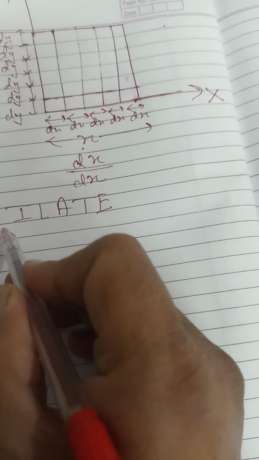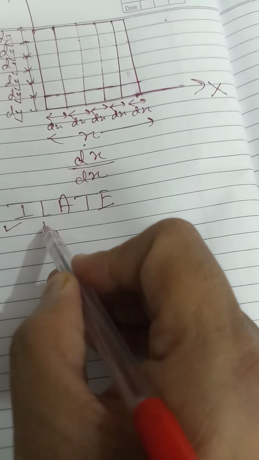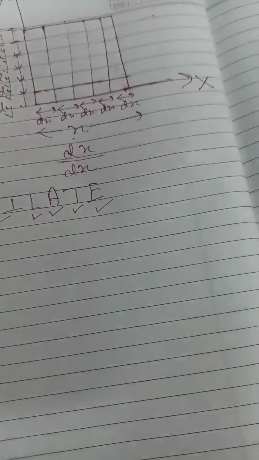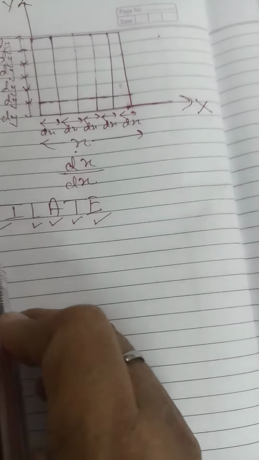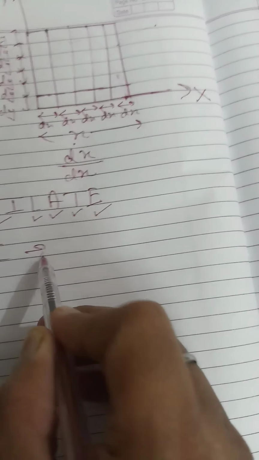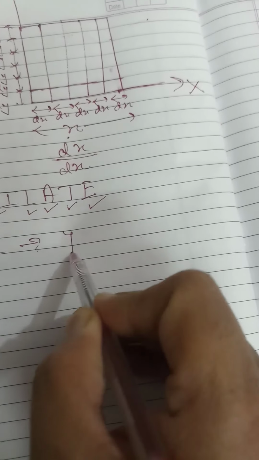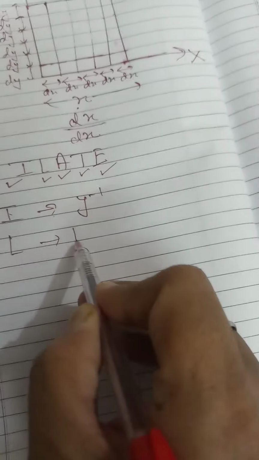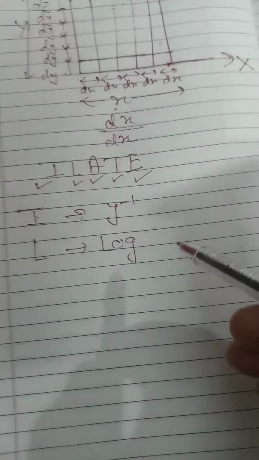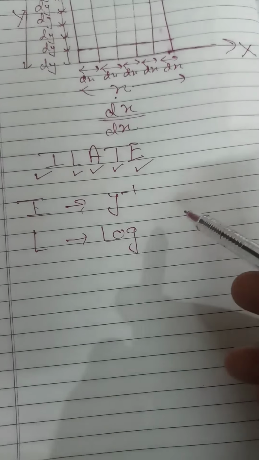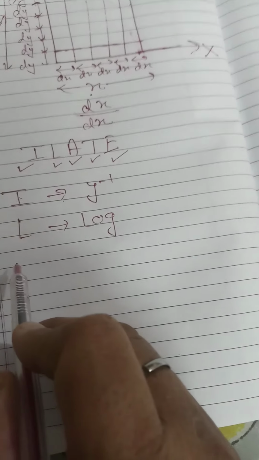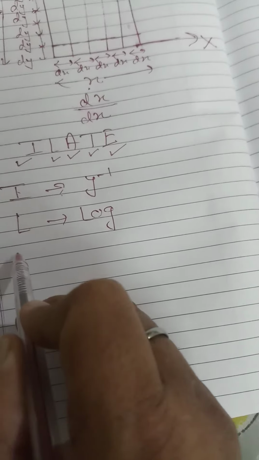Now in maths basically we have these terms, ILATE. I stands for inverse terms, L for logarithmic, A for arithmetic, T for trigonometric and E for exponential. Inverse, for example y inverse, is an inverse term. Logarithmic means log, which we generally use for addition, subtraction, division and multiplication of different mathematical values.